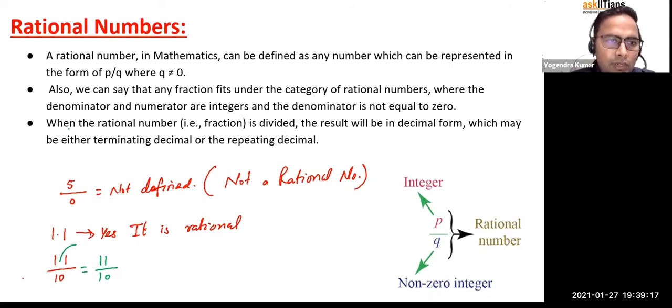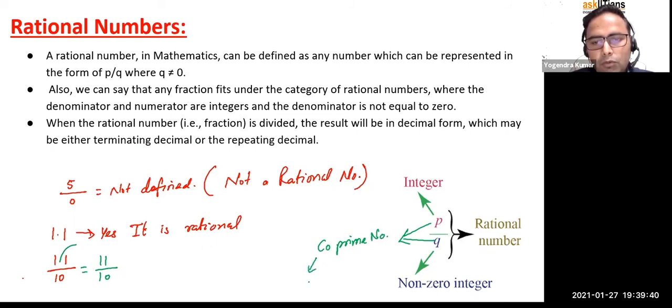One more very important point: in p by q form, both should be co-prime numbers. What is the meaning of that? Co-prime numbers means there is no common factor.